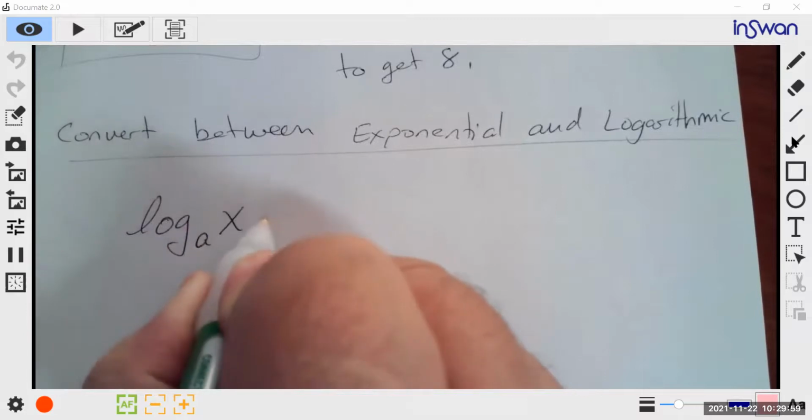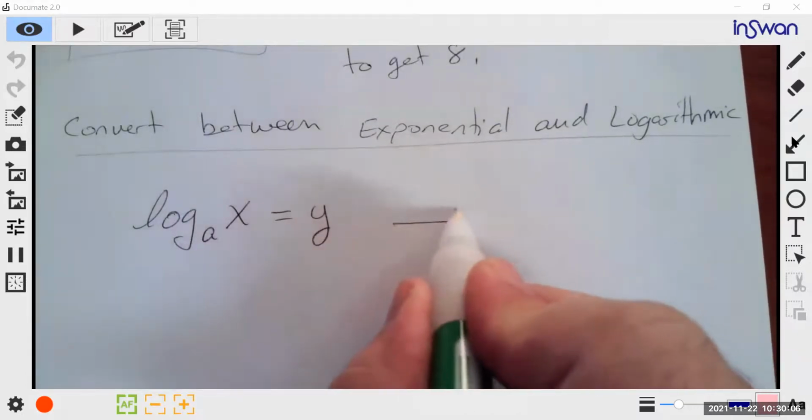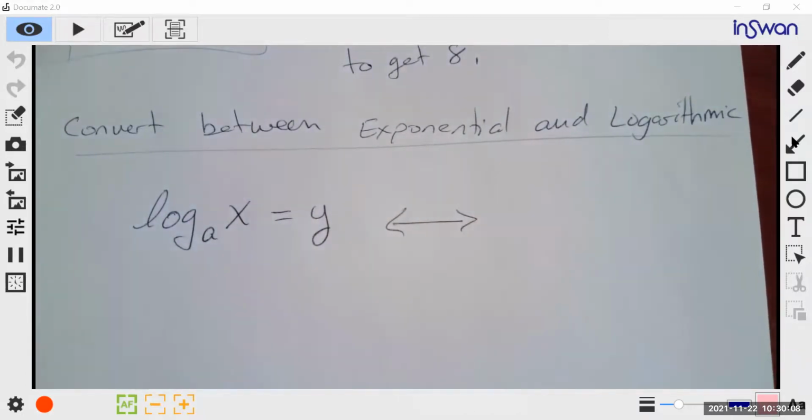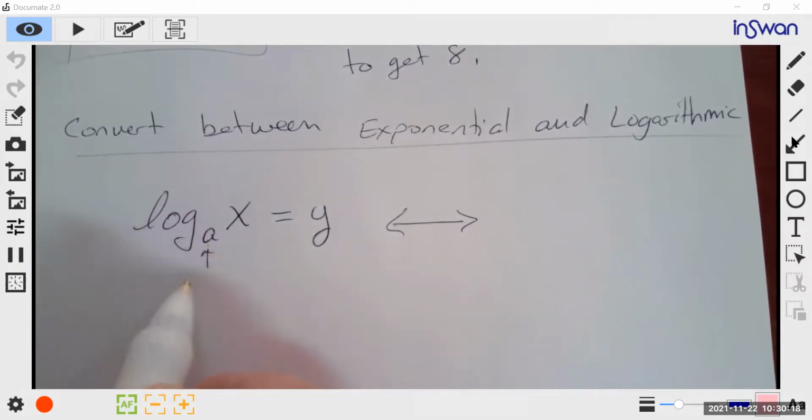Log base A of x is equal to y. The way you convert this is take the base. Remember, this is called the base.